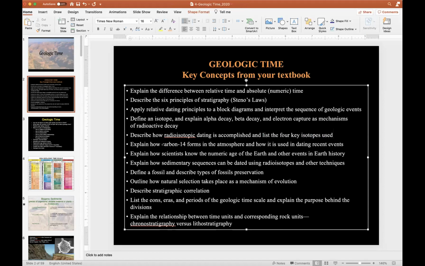I'm not going to go into a lot of detail about carbon-14 dating. I'm not going to talk about natural selection and evolution really, except that we will talk about different sorts of organisms, animals and plants that were prominent in different geologic periods.